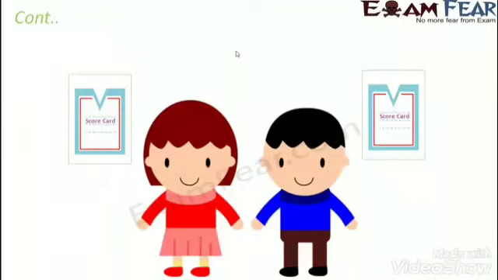Let's say that these are 2 friends and they got their scorecard. Their exams are over, results are out, and they got their scorecard. And it is seen that the girl scored 2 marks more than twice the marks scored by the boy. Complicated? Not really.